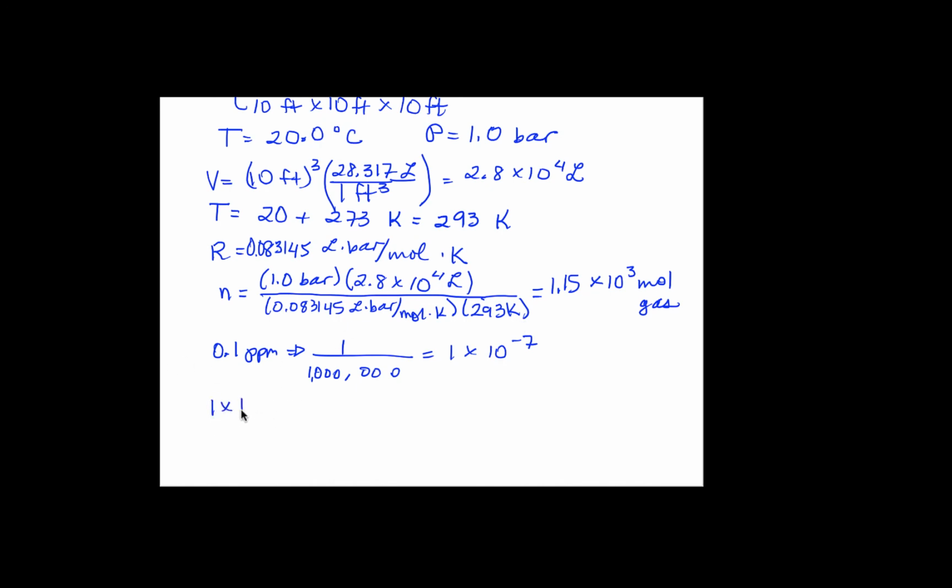So 1 times 10 to the minus 7 is the fraction of ozone molecules. If I multiply that times 1.15 times 10 to the 3 moles, then that's going to get me that I have 1.15 times 10 to the minus 4 moles of ozone in the room.